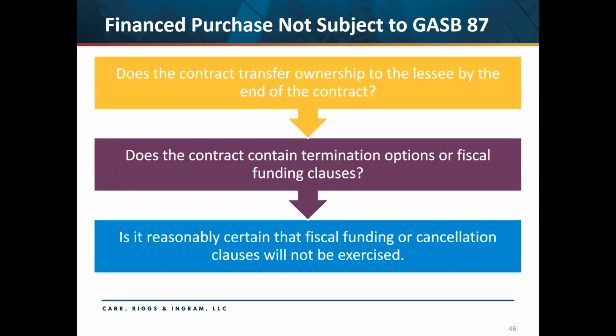All right, with that, we'll go into finance purchases not subject to GASB 87. So you'll ask yourself, does the contract transfer ownership to the lessee by the end of the contract? Does the contract contain termination options or fiscal funding clauses? Is it reasonably certain that the fiscal funding or cancellation clauses will not be exercised? These are all questions we should be asking ourselves in order to determine, is it subject to 87?